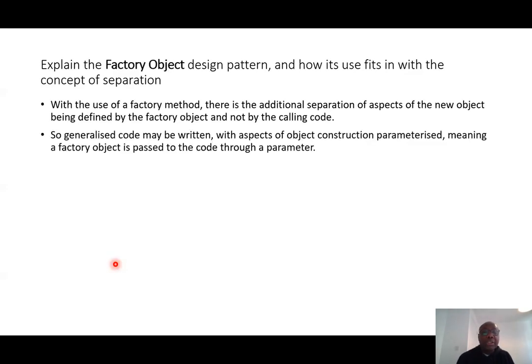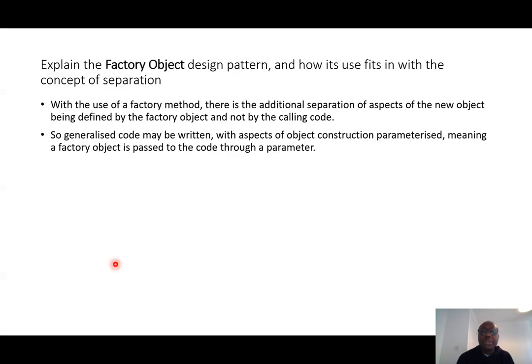So generalized code may be written because you can use it to return a subtype or supertype and hide it, so it can be general, which means it's not restricted to the return type as we have in constructors.